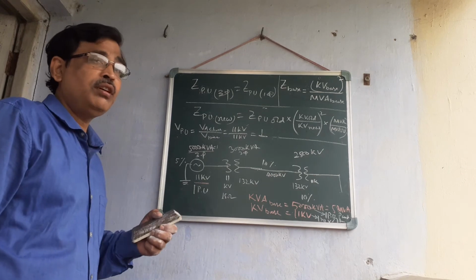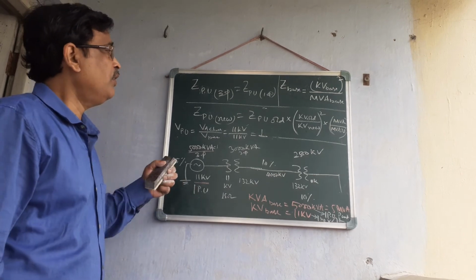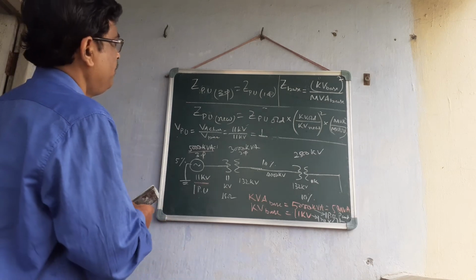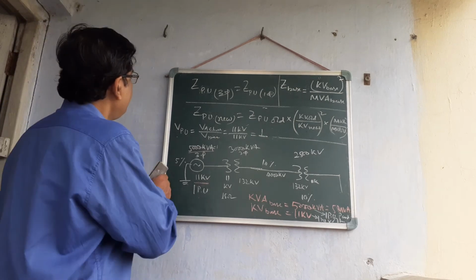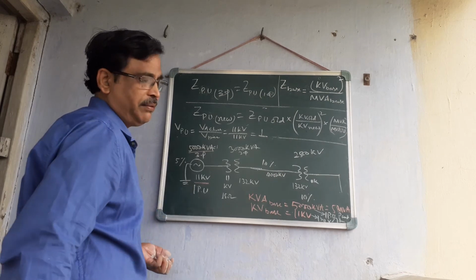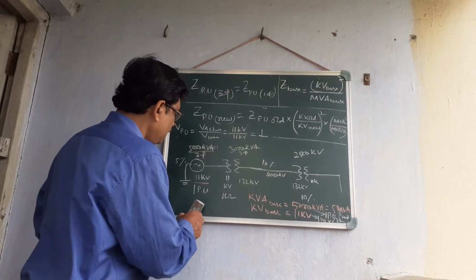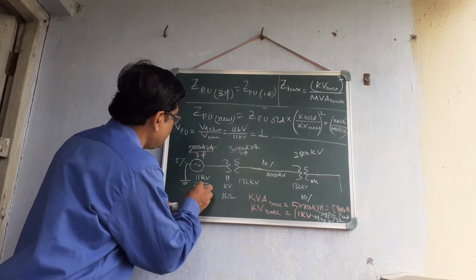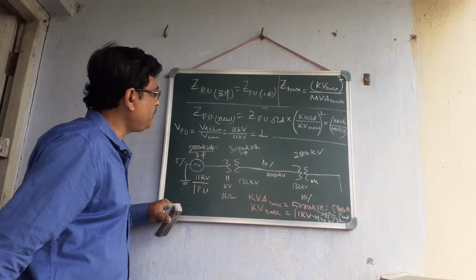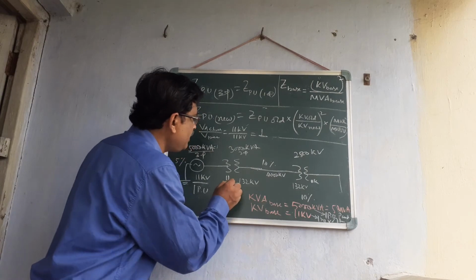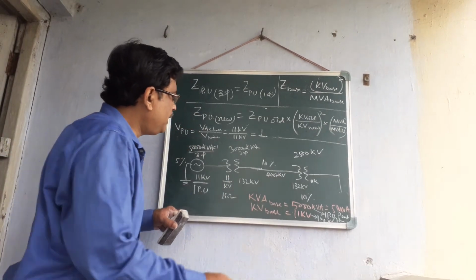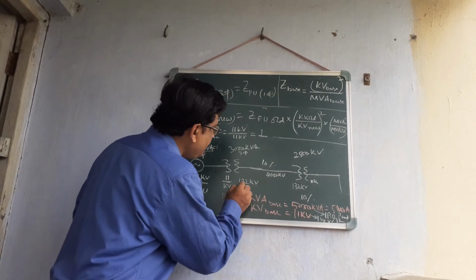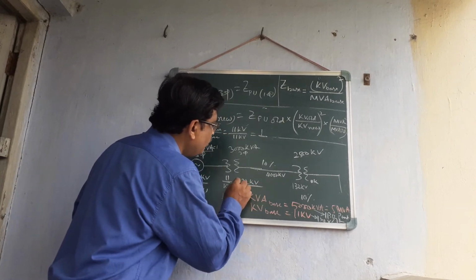Okay. Now, what will be its per unit Z? Per unit Z we have to derive from this. And one more important thing. Here the base kV is 11 kV. But in the transmission circuit, the base kV is not 11 kV.